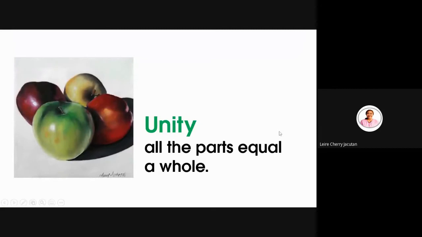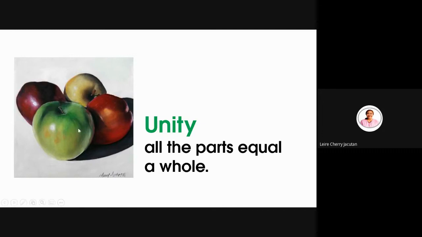So next principle is the principle of unity. Kapag daw gagawa ng mga paintings, dapat daw yung all parts are equal a whole. So masasabi natin na mayroong unity yung isang particular na painting kapag yung message na kino-convey niya or yung visual, yung mga subject na ginagamit dun sa isang painting ay mayroong relasyon o pagkakatulad sa isa't isa.